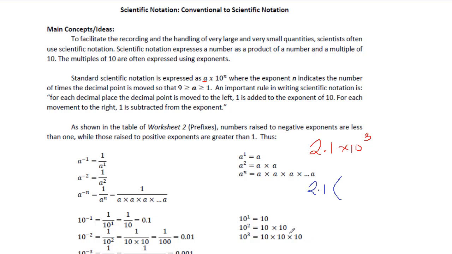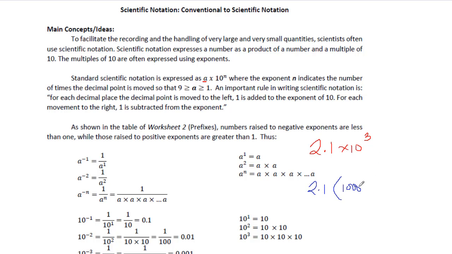But actually it's not, because with base 10, if you raise it to an exponent, you just count the zeros. 10 to the 3 simply means 1 followed by 3 zeros. That's what makes base 10 very special.